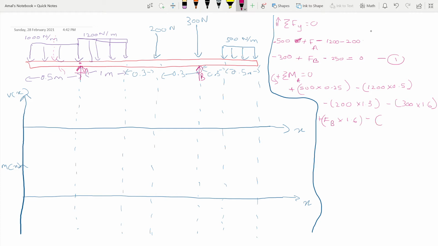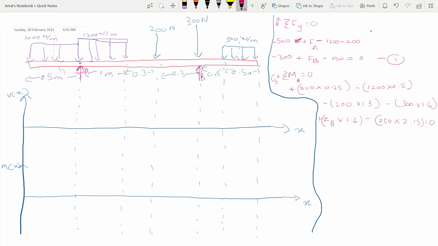And then we have another negative moment, 250 times, since it acts in the middle of this, so it's going to be 0.25 plus 0.3 plus 0.3 plus 0.3 plus 1. So it's going to be 2.15, all equal to 0.